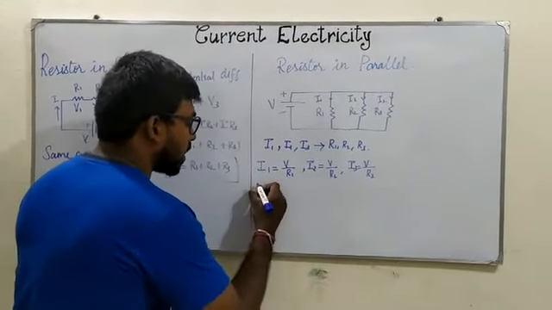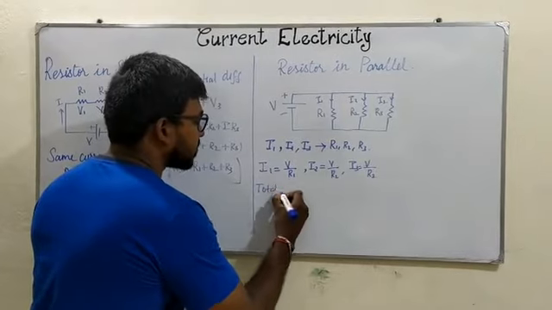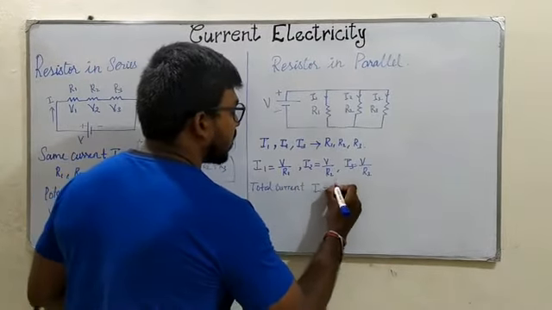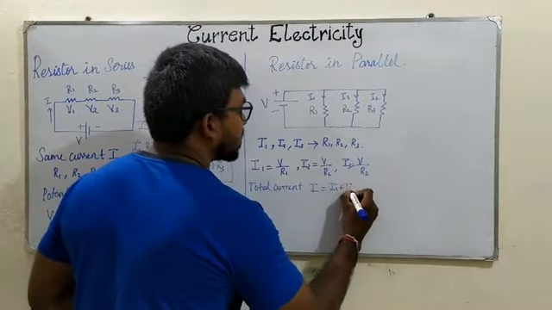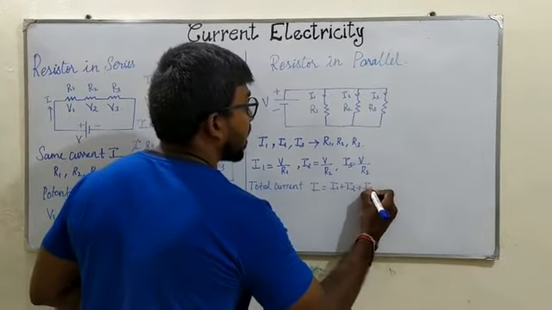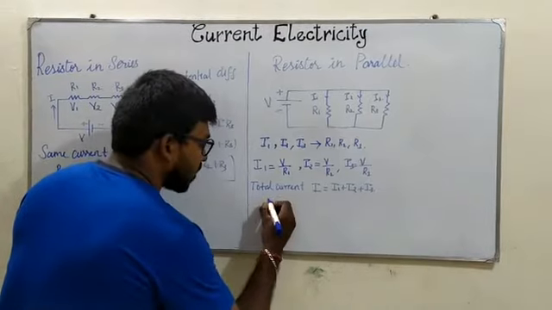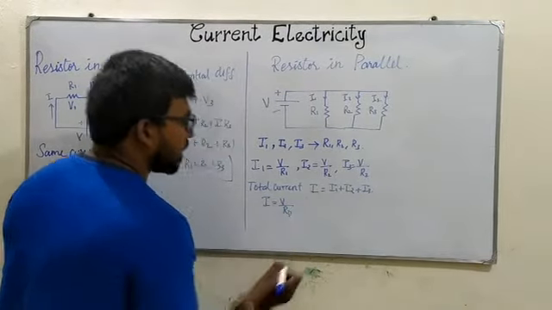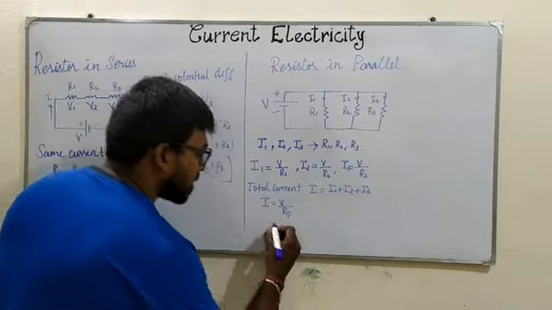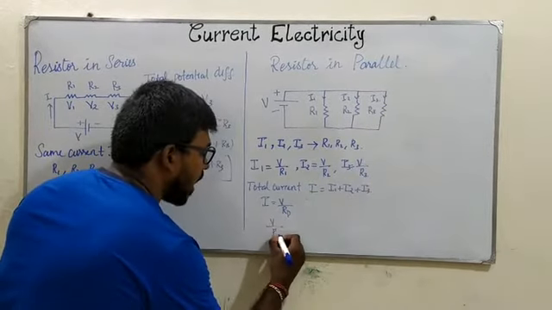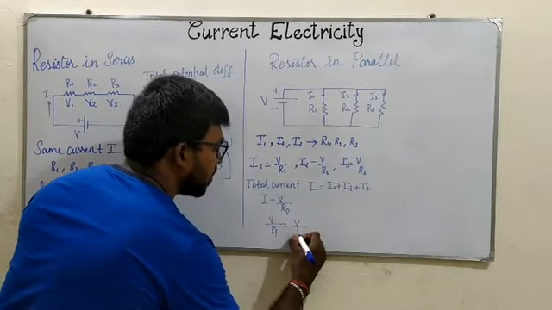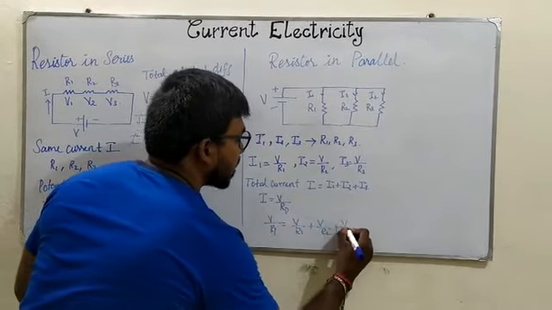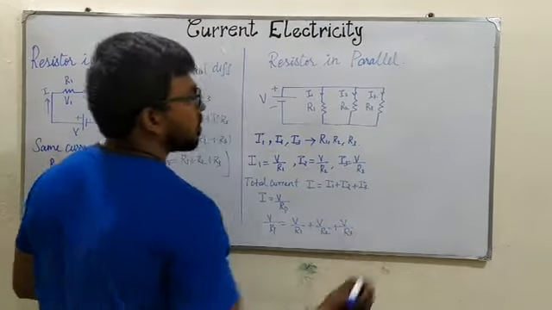So the total current I is equal to I1 plus I2 plus I3, and we know that I is equal to V by Rp. Substituting this in the equation, V by Rp is equal to V by R1 plus V by R2 plus V by R3.